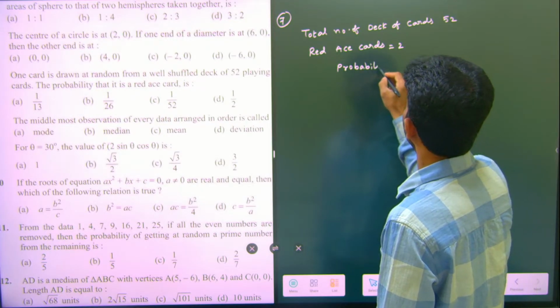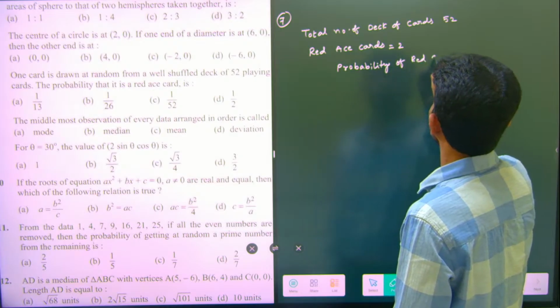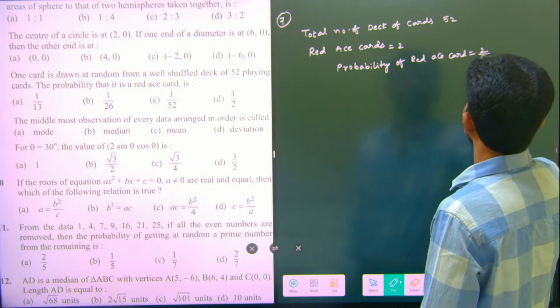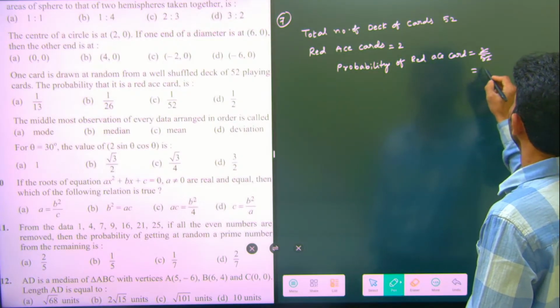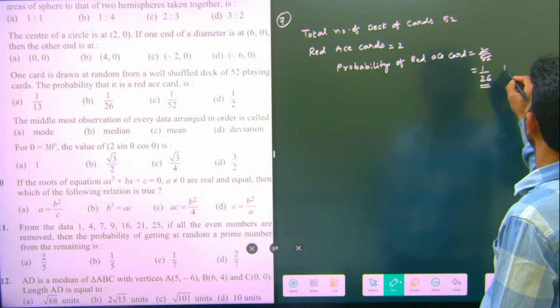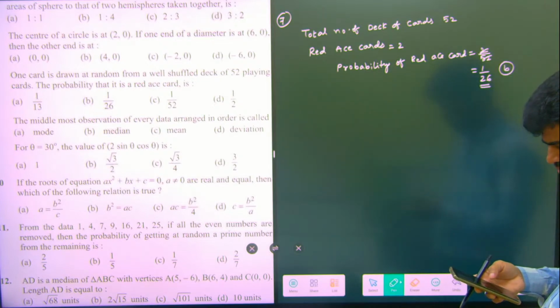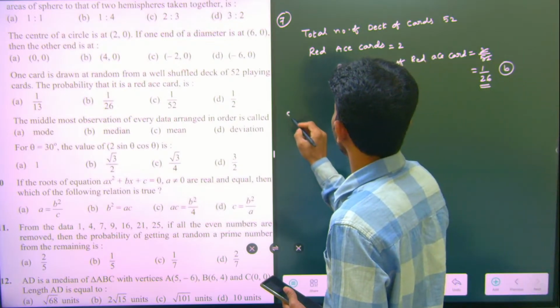Probability of red ace card is equal to 2 by 52, but that option is not there. After cancellation it becomes 1 by 26. So option B is correct. Did all of you get this correct answer? Option B is correct. Now question number 8.